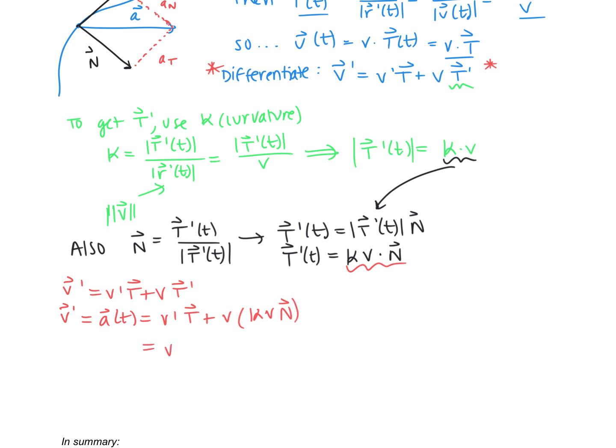So this then is v prime times T, add curvature times v squared times the unit normal vector. Okay, so finally, we can write acceleration as something times the unit tangent vector plus something times the unit normal vector. And that something comes from here and there.